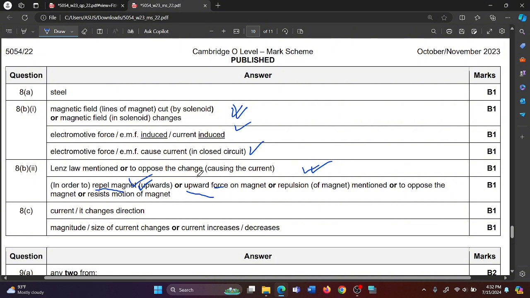We can write any of these 1, 2, 3, 4, 5 answers. Let's look at the other one, repulsion. We wrote repulsion. To oppose the magnet, we did write opposing the motion. Resist motion of the magnet. We also wrote this one. So we got 2 marks in this question.